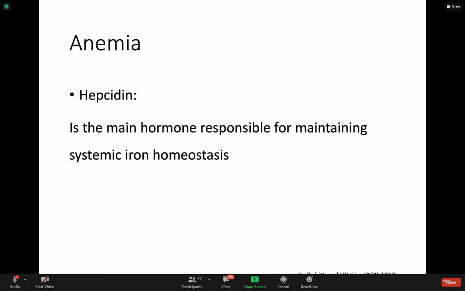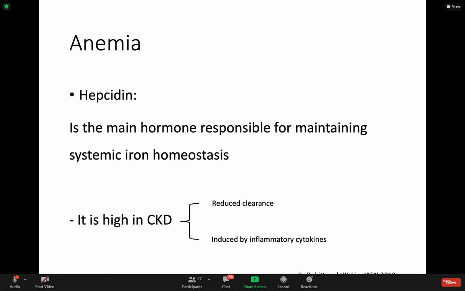It is the main hormone responsible for maintaining systemic iron homeostasis. So it is high in chronic kidney disease, and that would prevent the absorption of the iron from the gut. Why is the hepcidin high? The hepcidin is high in chronic kidney disease due to reduced clearance, number one. Number two, because of the high cytokines which will induce the hepcidin.